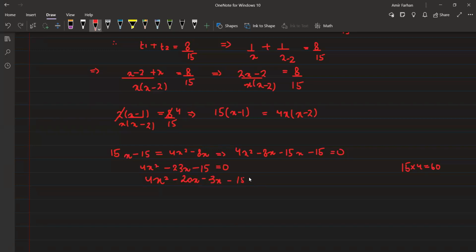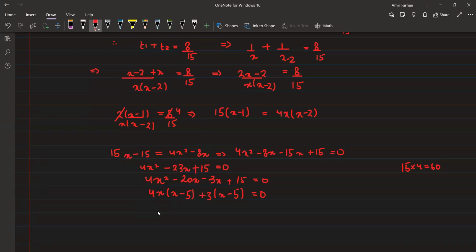Then 4x into x minus 5, and minus 3 will be common. Sorry, plus 3. Just a second, here positive 15 because 15 was on the negative side, so it will get positive.